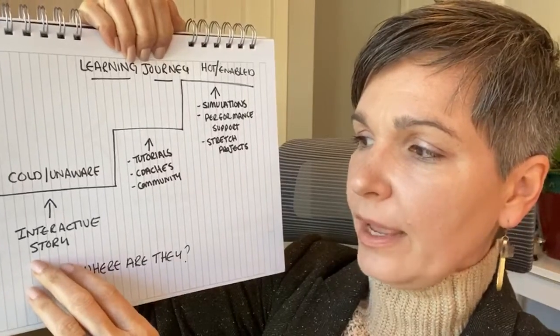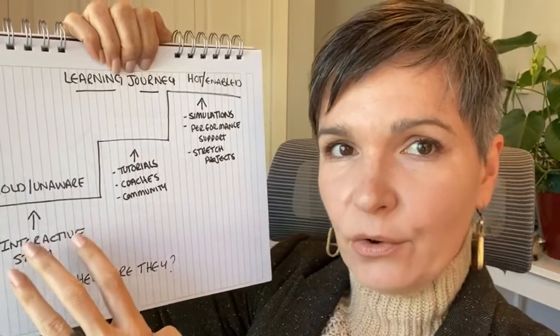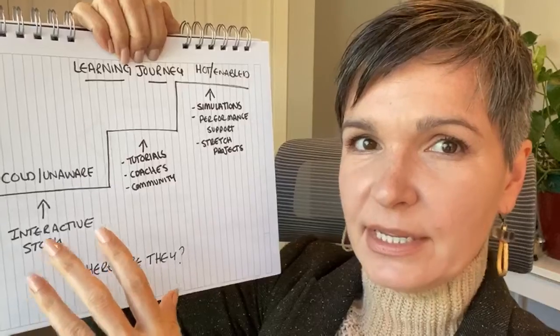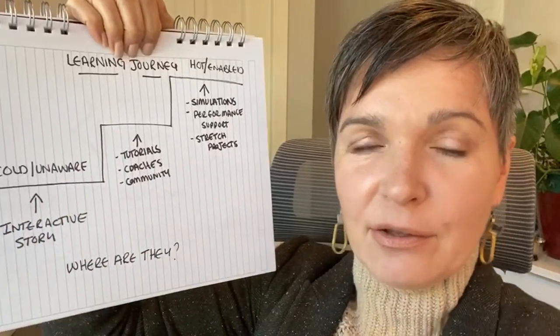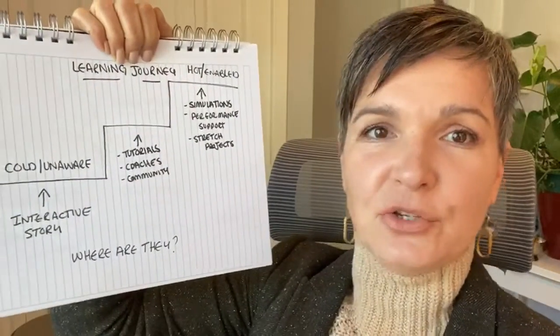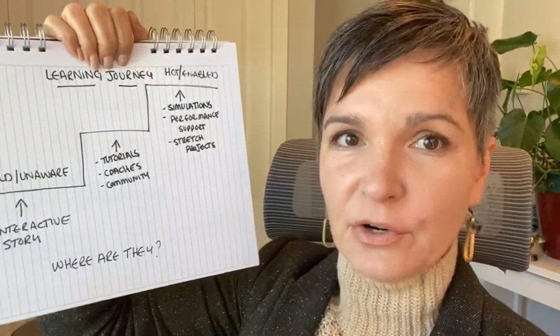So here I am, right? Now I know that my interactive story is not the moment that's going to do it. A lot of times, when you're crafting learning in an organization, you're trying to do it so that people stay, so that staff retention increases. I'm doing this because I want people to get better results.